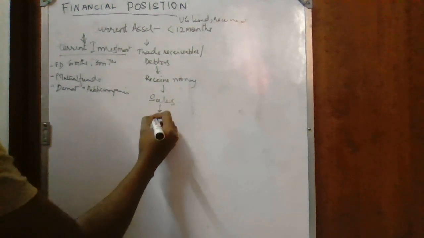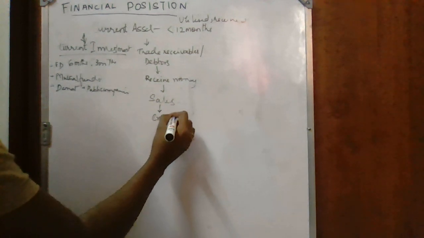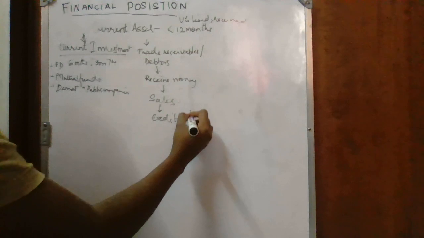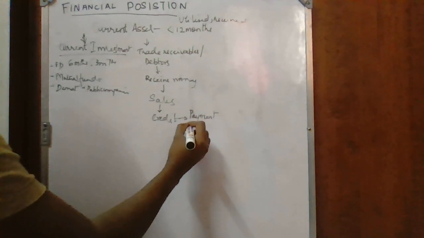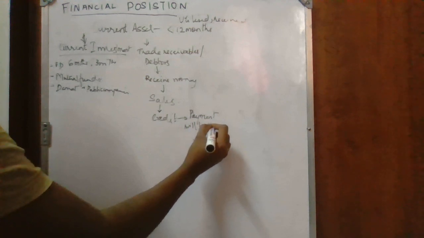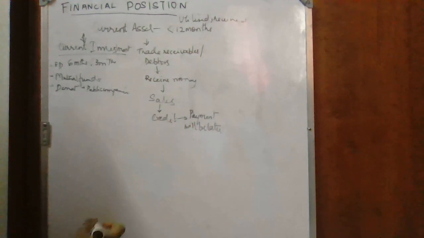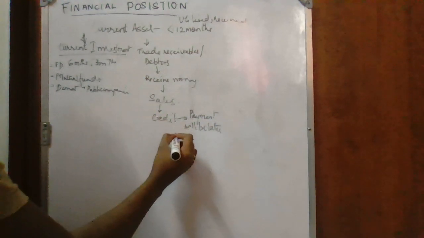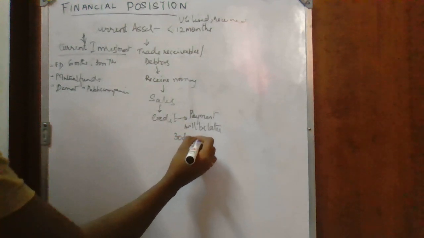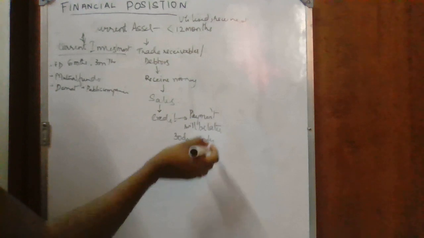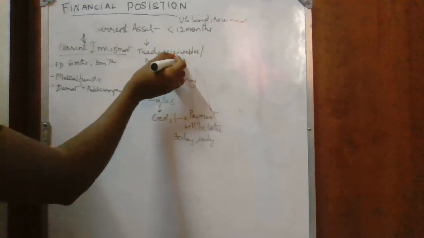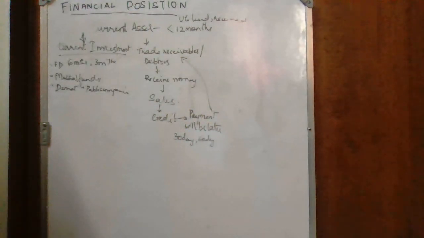Suppose the sales are on credit basis. Credit basis is payment that will be made later. You will not pay in cash. You will say I will pay after 30 days, or it might be 60 days. Then the money which you will receive after 60 days, you will classify under trade receivables or debtors.